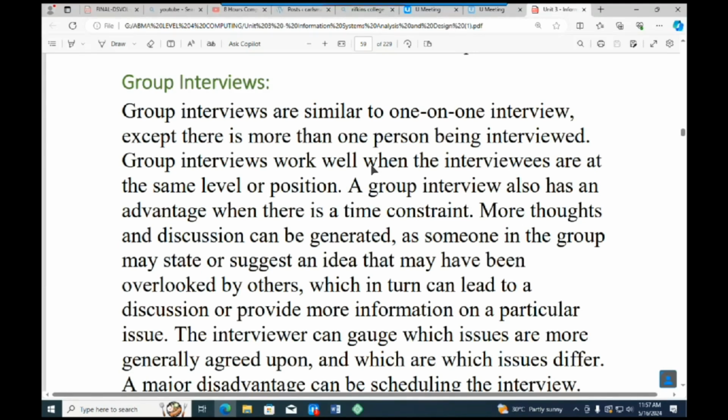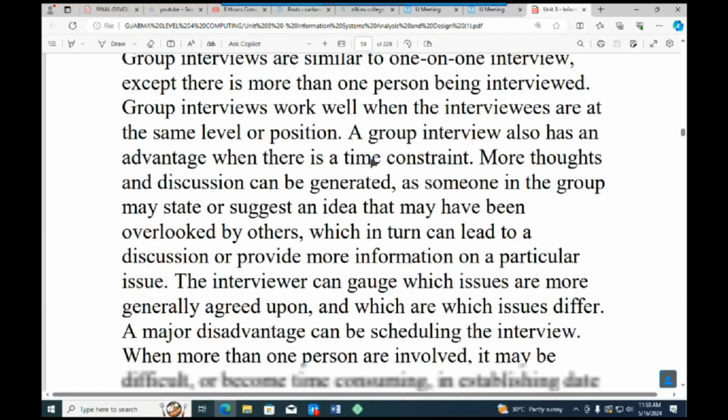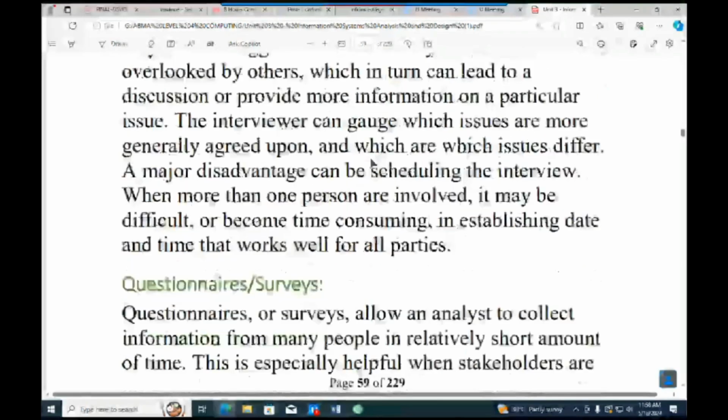They also have an advantage if there is a time constraint. Since more thoughts and discussions can be generated, someone in the group may state or suggest an idea that may have been overlooked by others, and in turn that can lead to a discussion, or it can provide more information on a particular topic or issue within the interview.